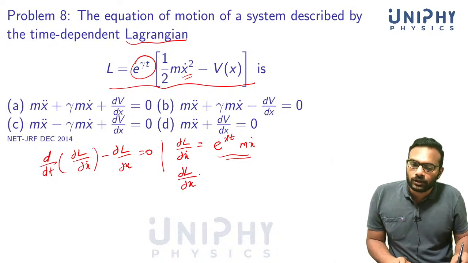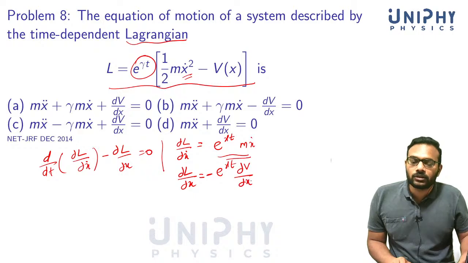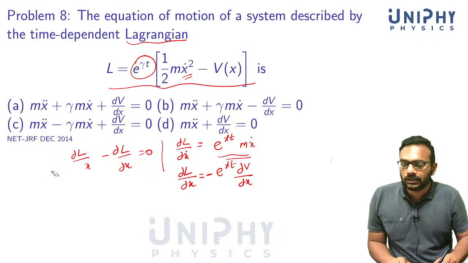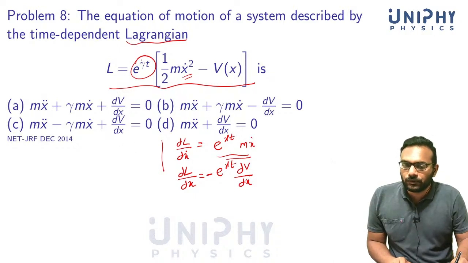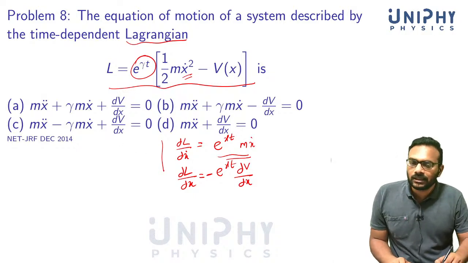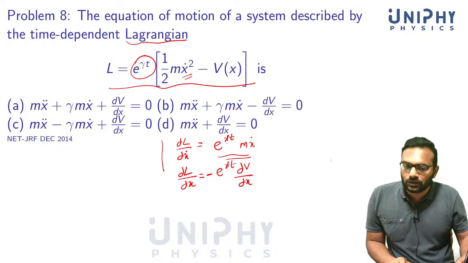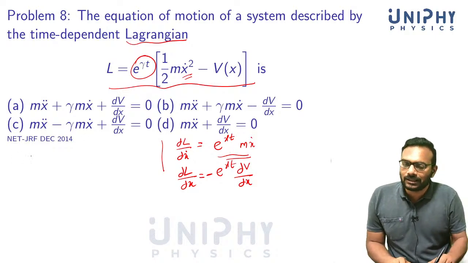Dou L by dou x is equal to e raised to gamma t multiplied by, there's a minus sign here, dou V by dou x. That's it. So this question was asked for the NET exam. Maybe they wanted to confuse you using this e raised to gamma t there, but if you are careful, if you don't make the mistake that I first made here, you will get the answer.